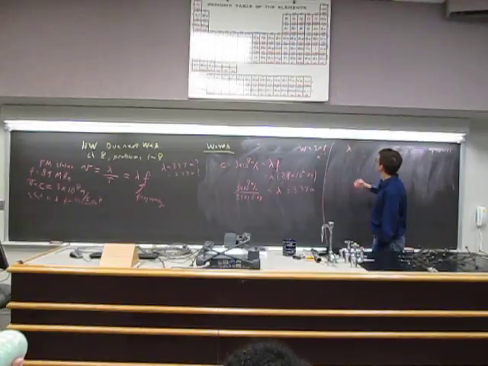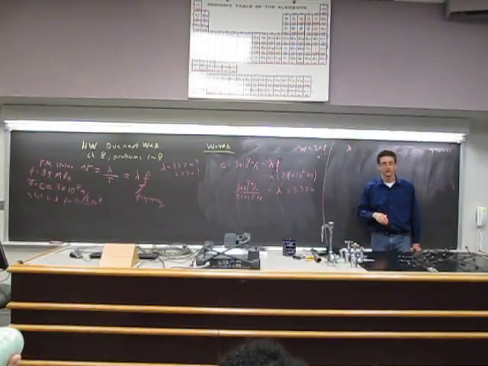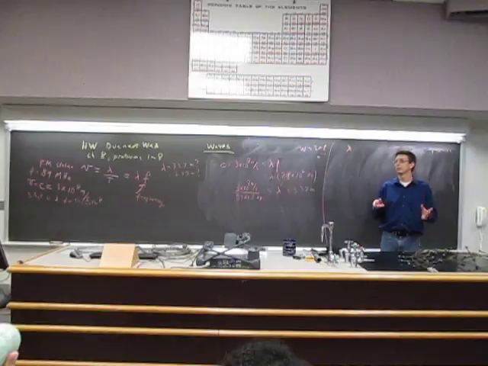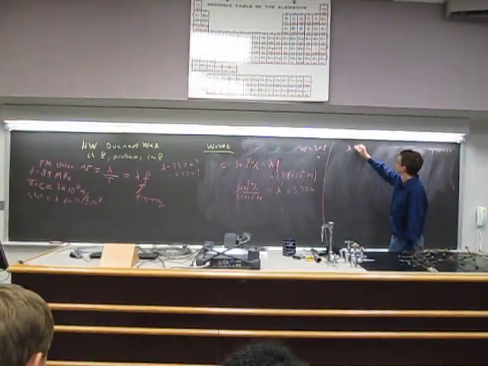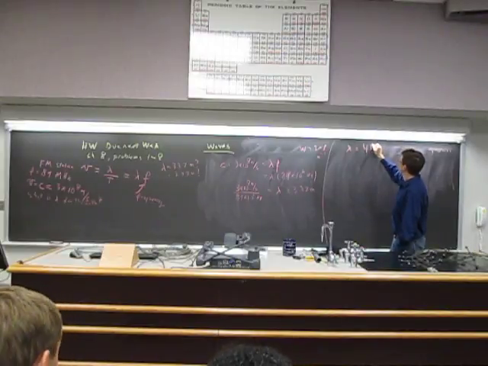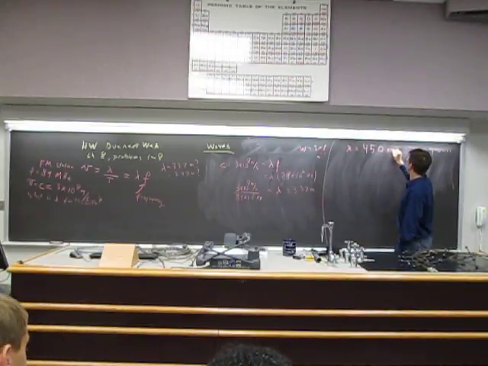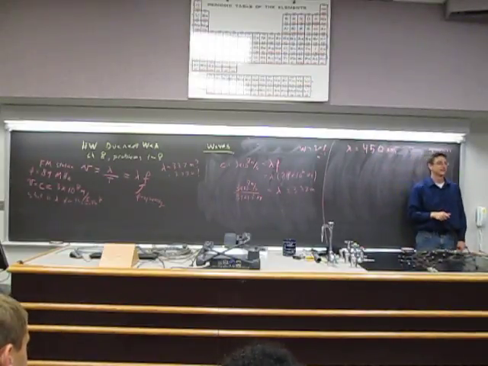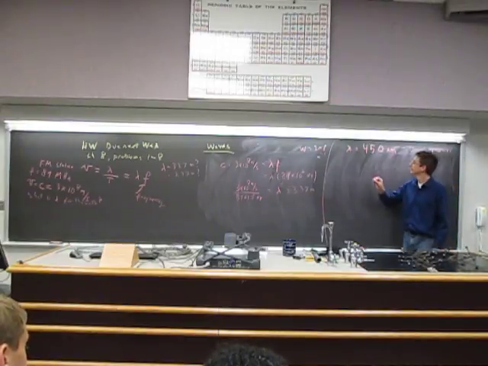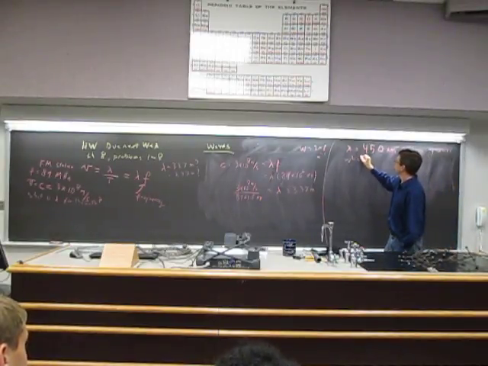So let's say I'm interested in blue light. It's maybe 450 nanometers, say. Say lambda is 450 nanometers. What's the frequency of that light?